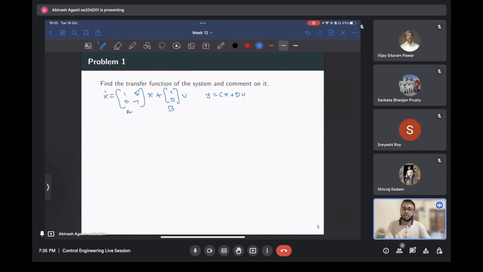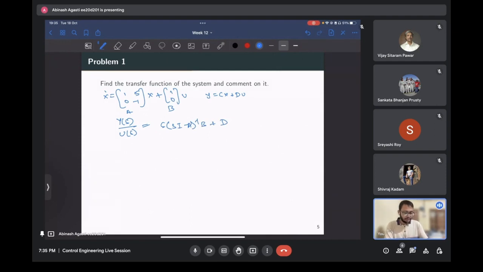So tell me what the transfer function of the system should be in terms of A, B, C, D, y of s by u of s. What should this be? Okay, so this is given by C times (sI minus A) inverse B, plus D.